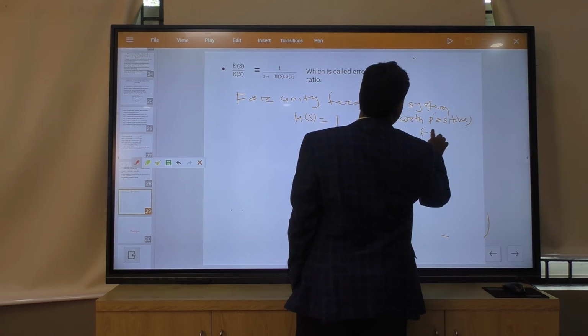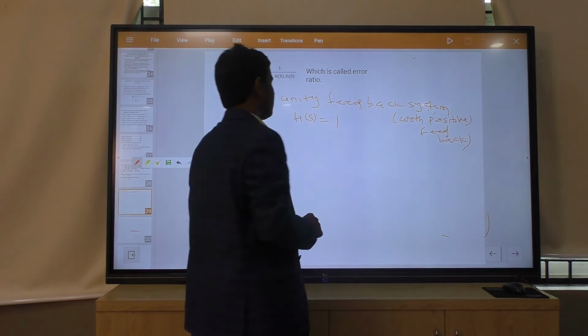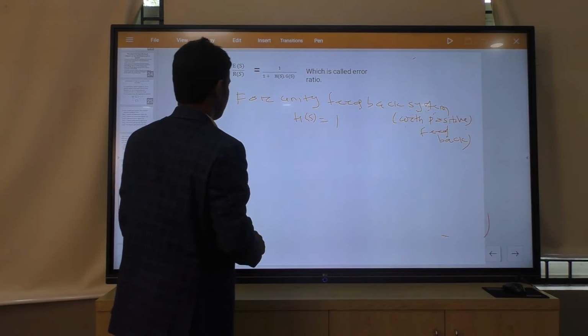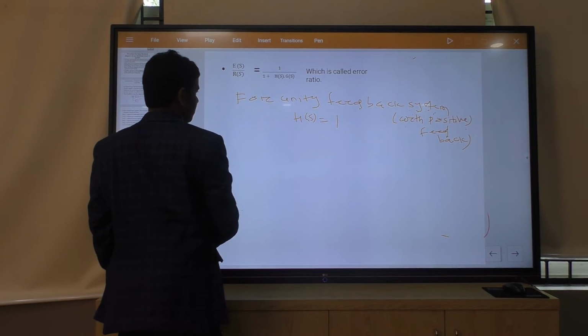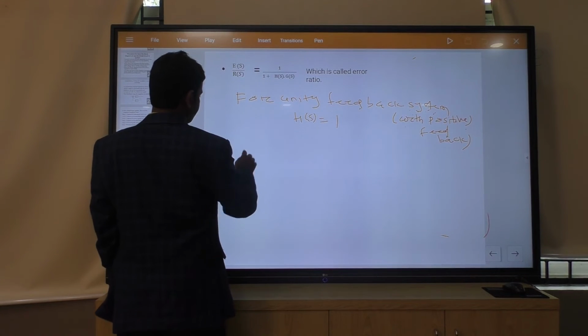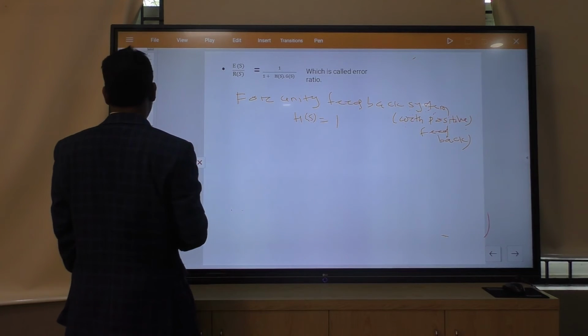What is the open loop transfer function? The open loop transfer function is equal to how much here?